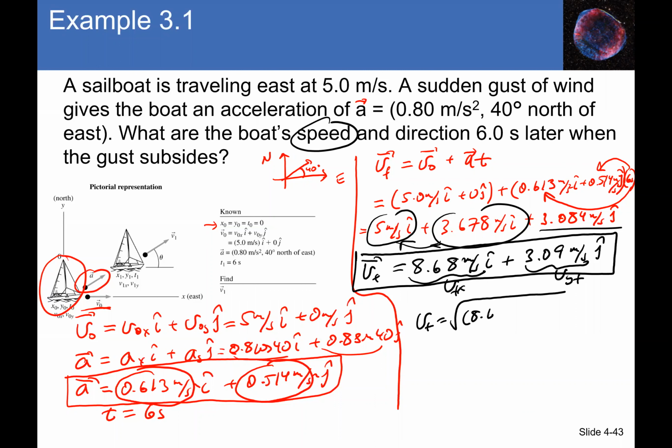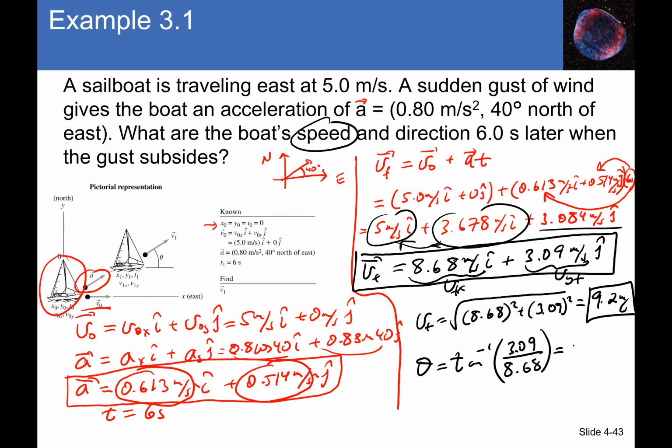That means it will be 8.68 squared plus 3.09 squared, and I can find this to be 9.2 meters per second. The direction, well, I use inverse tangent of 3.09 divided by 8.68, and I can find that this is 20 degrees with respect to positive x, so I can just say northeast, 20 degrees north of east.